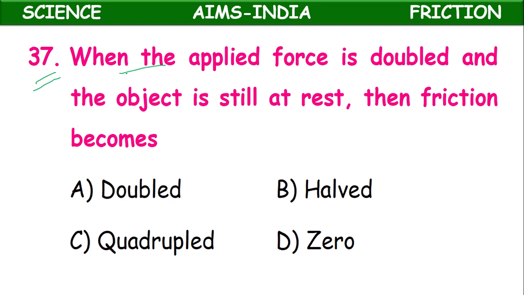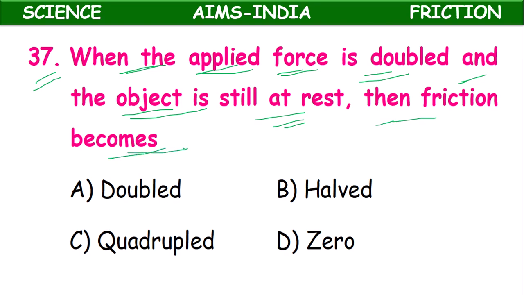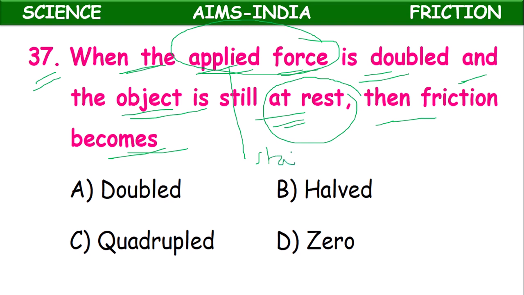37. When the applied force is doubled and still the object is at rest, then friction becomes? As long as the object is at rest, whatever force we apply, the total applied force will be turned into static frictional force.